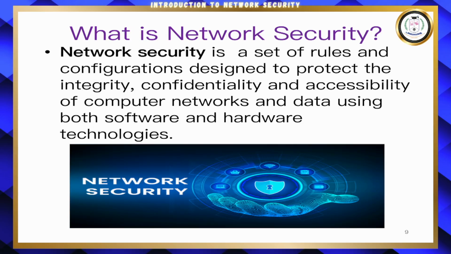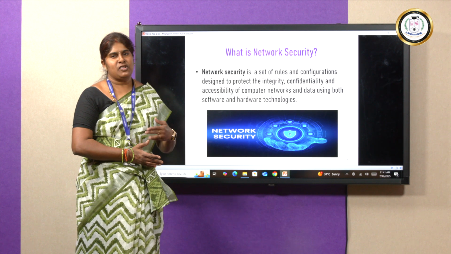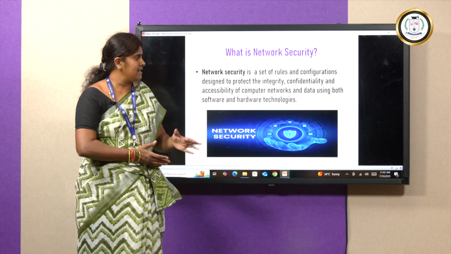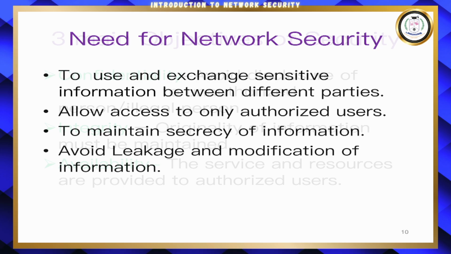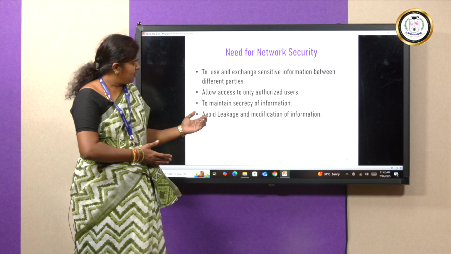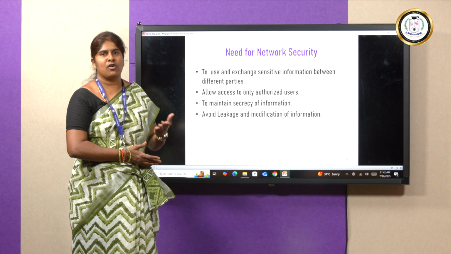Now let's come to the topic, network security. Network security deals with policies and tools which are implemented so that whatever communication you carry out in the network is safe and sound and no data breach occurs. Why do we need network security? It is needed to have confidential information exchange, to make sure only authorized persons can access the data, to maintain the secrecy of information, and to avoid leakage or modification of data by any unauthorized person.